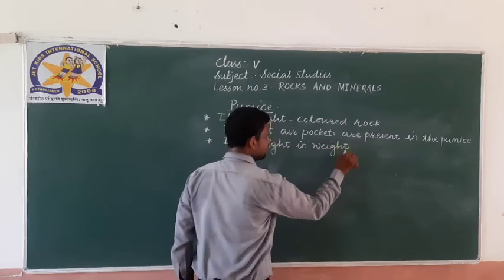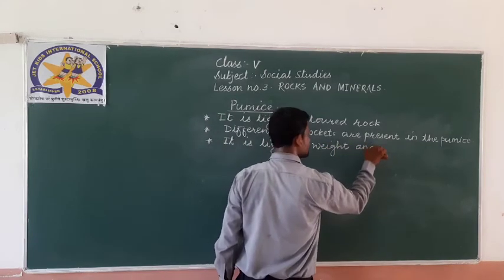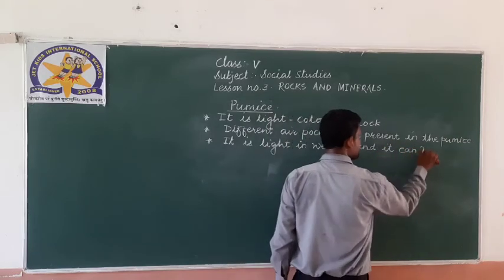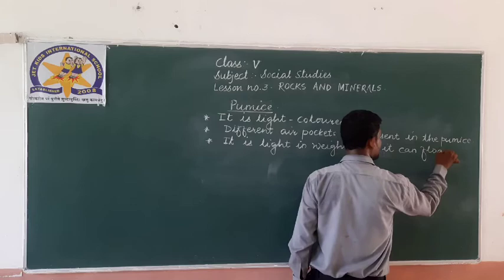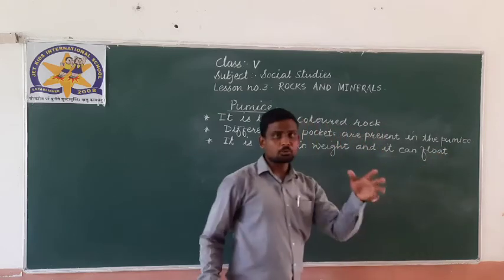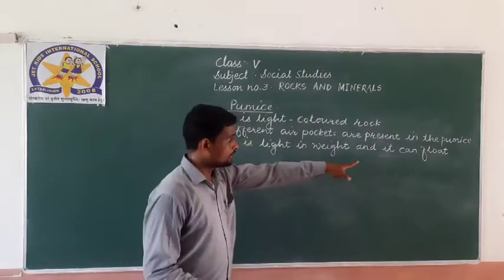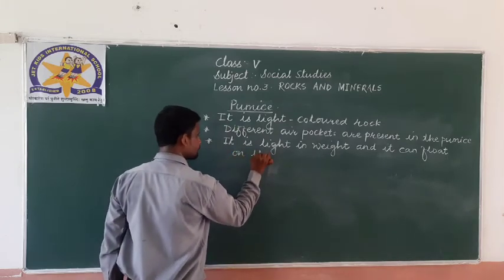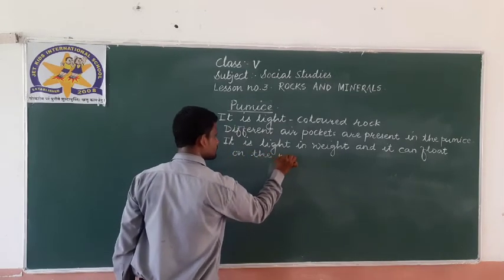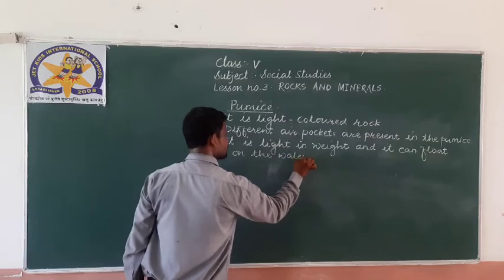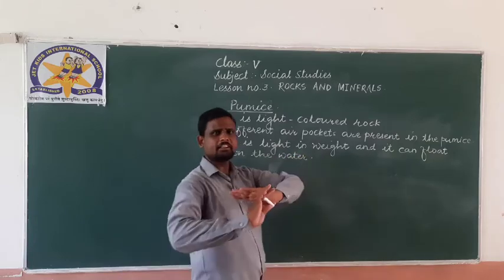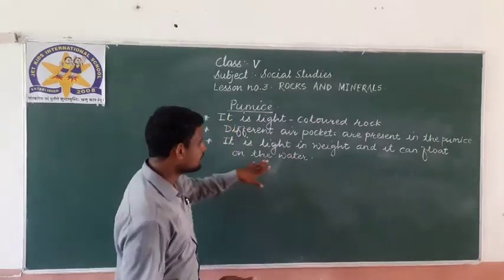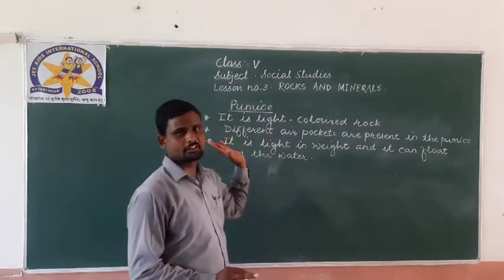It is light in weight, and it can float. Float means तैरना. It can float on the water. This means these pumice rocks are very light in weight, so that's why, due to their light weight, they can float on the water.